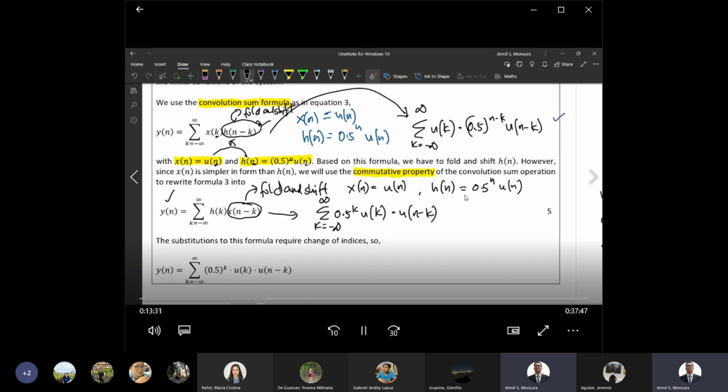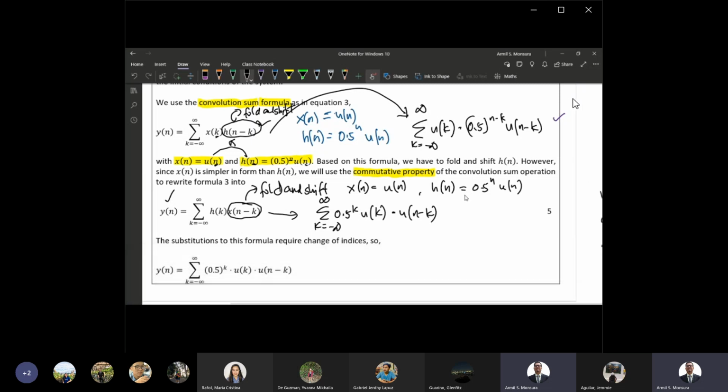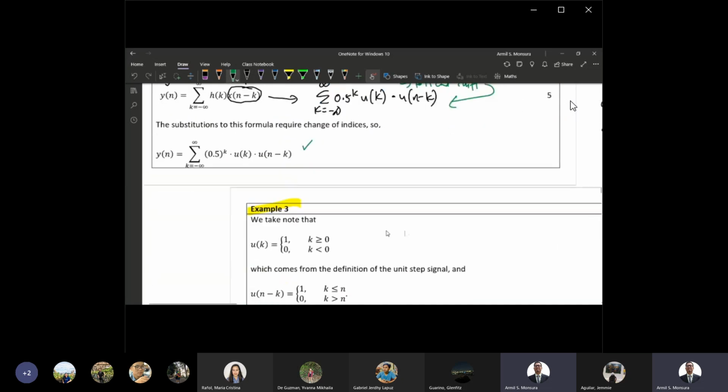So therefore, yun yung i-fold and shift natin. This is what we will fold and shift. Okay? Giving us this formula. So yung formula natin na yan, okay?